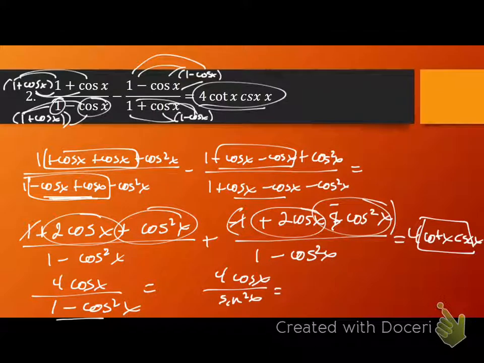So we basically have that if we pull a sine squared out. Now, the sine squared is in a denominator. So I can make this 4 cosine over sine times 1 over sine. And this gives you your cosecant, this gives you your cotangent, and so we're basically done.